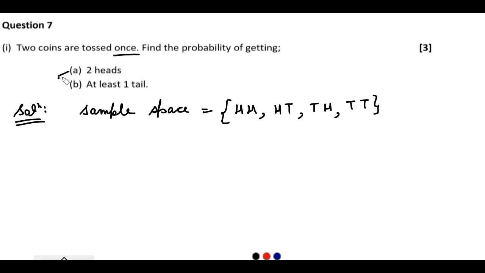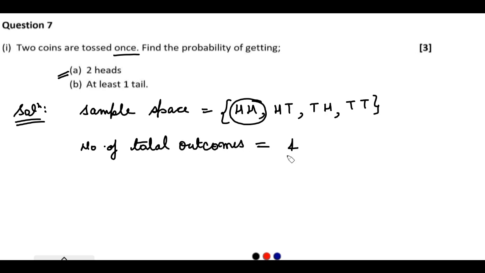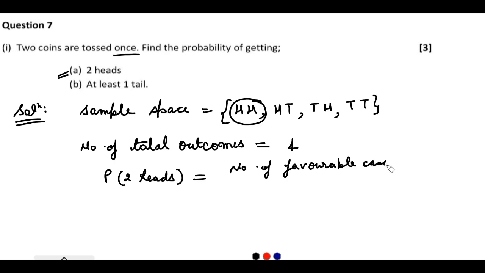Now we have to find the probability of getting two heads, the favorable cases. Number of total outcomes is 4, and probability of two heads is number of favorable cases divided by total number of outcomes.